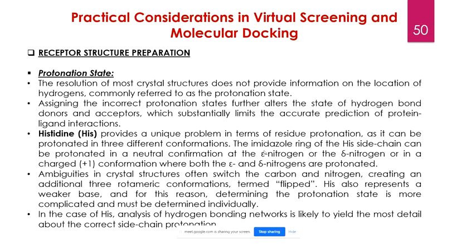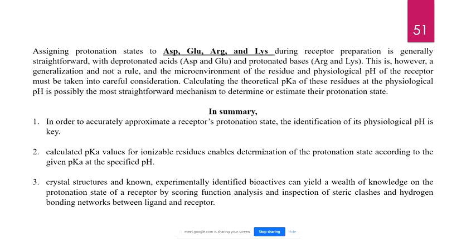Understand? Now similarly, each molecule has different rotameric states. In a particular domain, you might find the histidine or the aspartic acid having a different protonation state, and in a different domain it might have another protonation state because of the surrounding chemical nature.